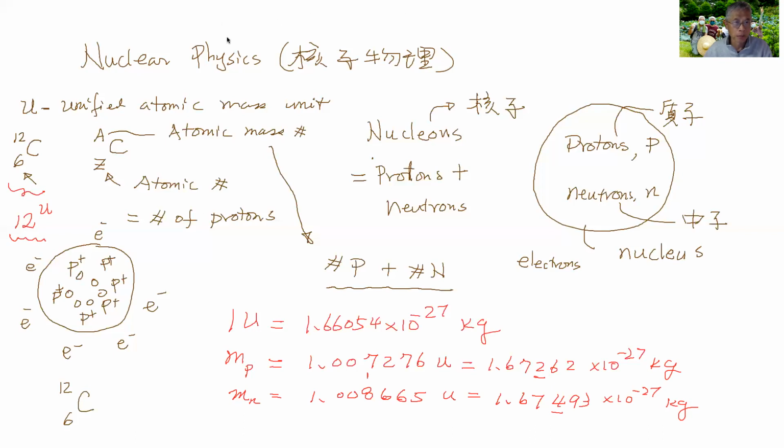We're going to talk about binding energy. So what does that mean? So for C612, the constituents, this one here in Chinese means 构成分子.